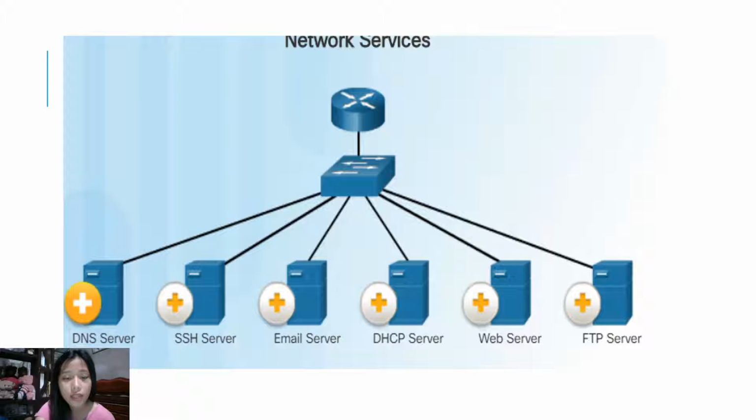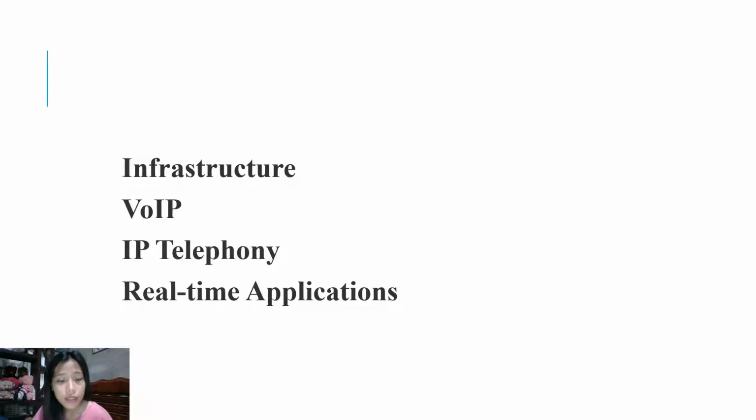The next one is the FTP server or the File Transfer Protocol. It is a service that allows for downloading and uploading files between client and server. So we have here the infrastructure. To support the existing and proposed real-time applications, the infrastructure must accommodate the characteristics of each type of traffic.